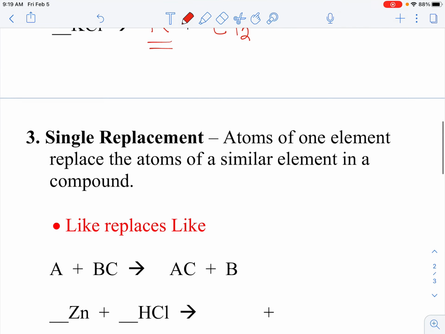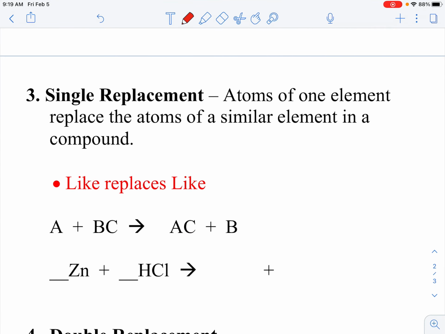Okay, the last 3 are a little bit more complicated. In a single replacement reaction, atoms of one element are going to replace an element from the compound that it's added to. It's always an element plus a compound. Okay? The key thing to keep in mind, though, is like replaces like.